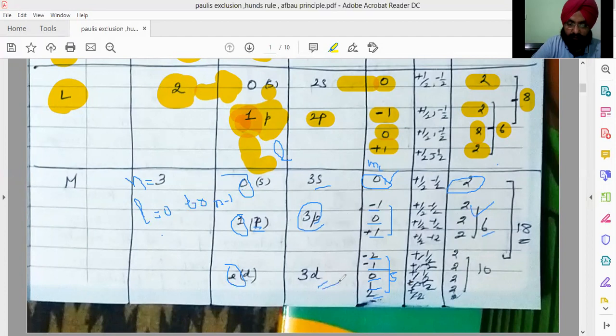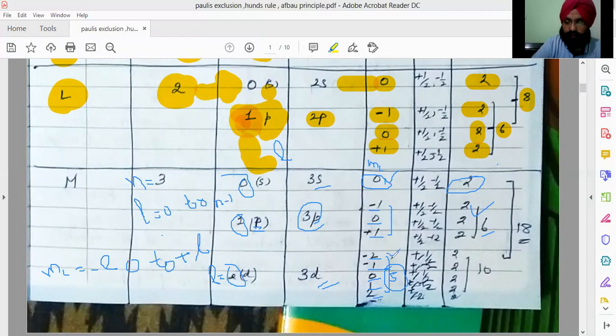And similarly in case of d, the total orbitals are 5, because for d the value of L is 2. And there are 5 orbitals because ML has values from minus L to 0 to plus L. So L equal to 2 gives minus 2, minus 1, 0, plus 1, plus 2, total 5 values.